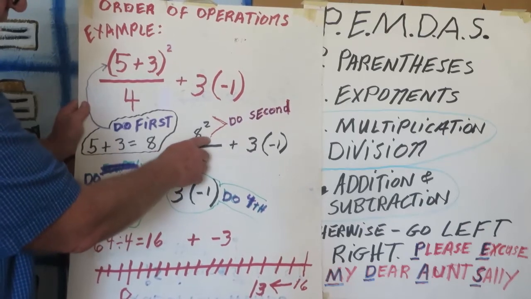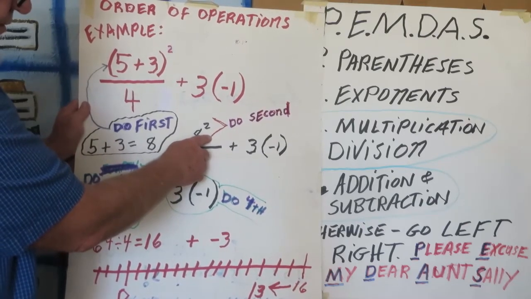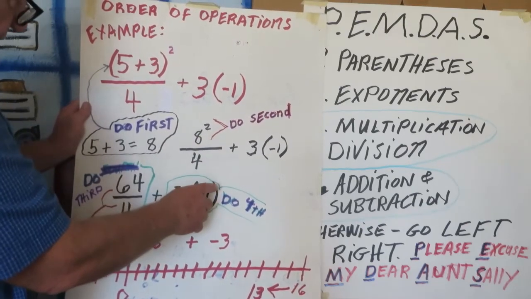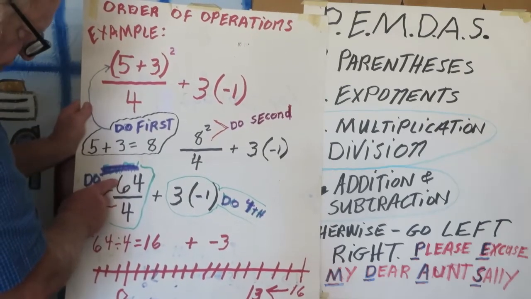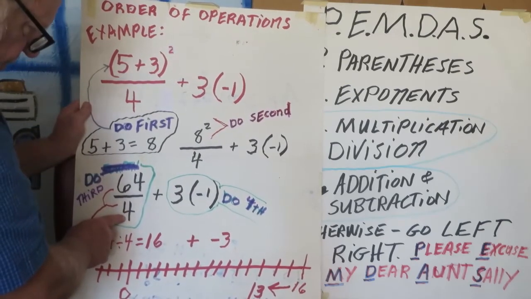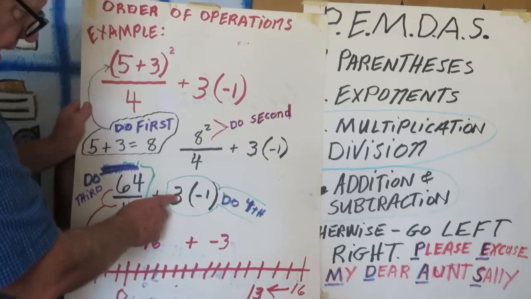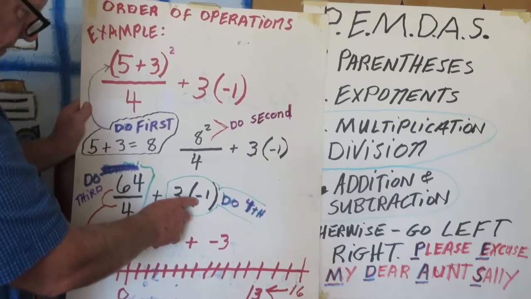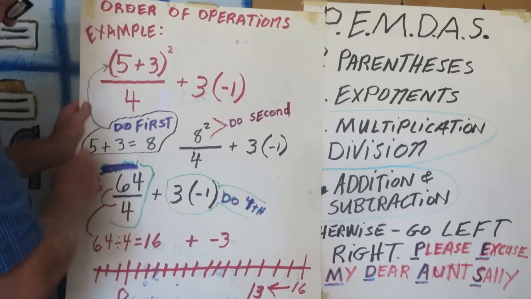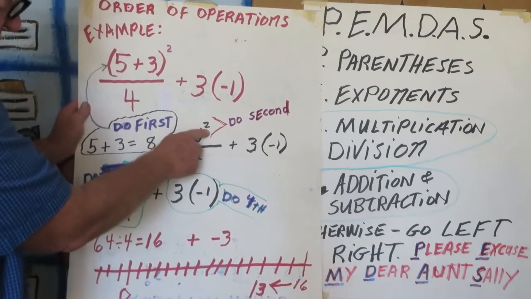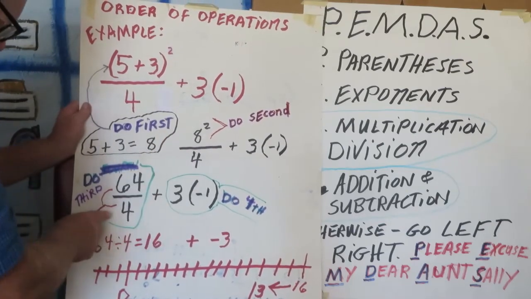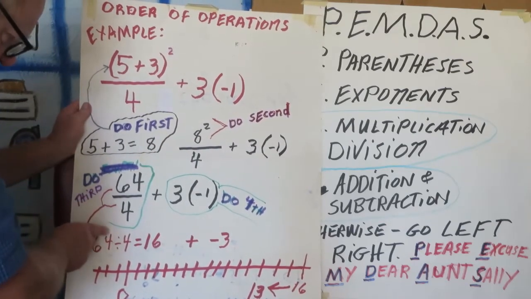So 8 times 8 is 64. So now down here we have the problem of 64 over 4 plus 3 times a negative 1. So our second step was to get rid of the exponent. Third step is to divide.